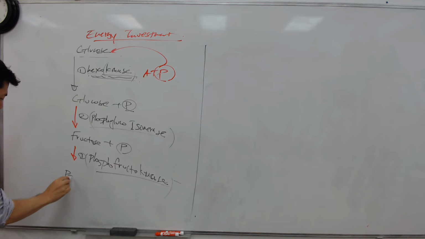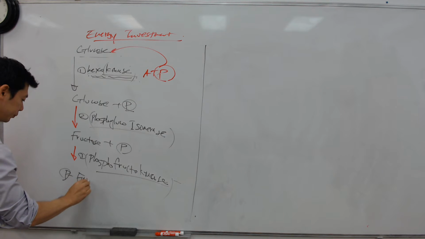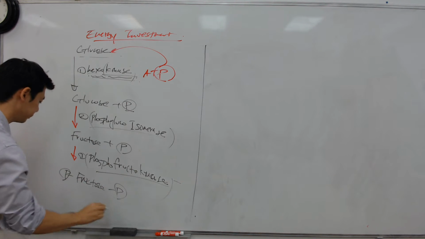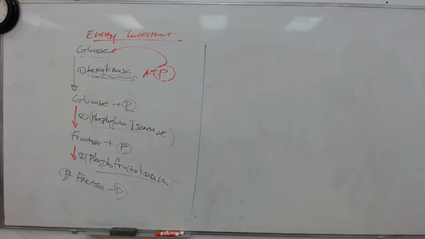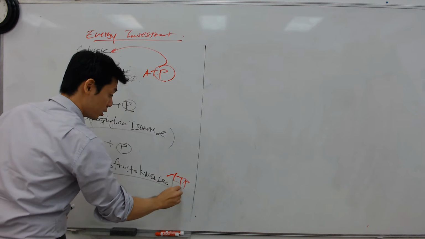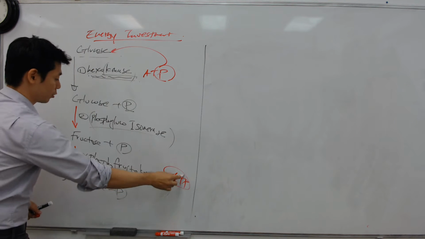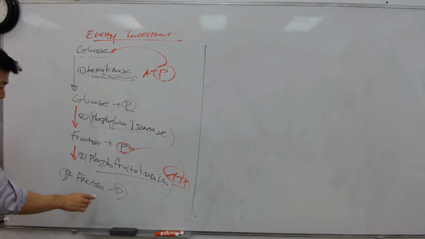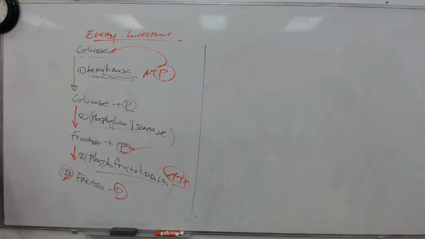The phosphate is on both sides of the fructose. That's just the third step. Imagine, this is at the expense of ATP. They already use 2 ATP for this, since it's phosphorylated twice.